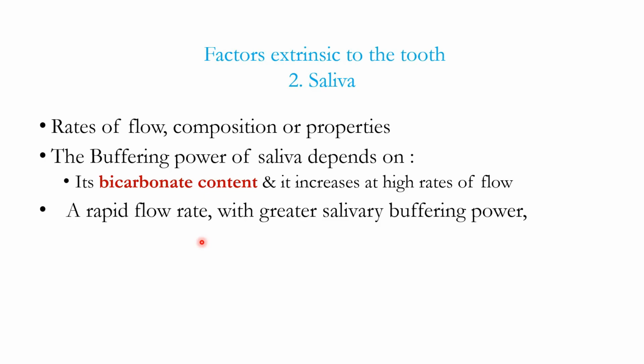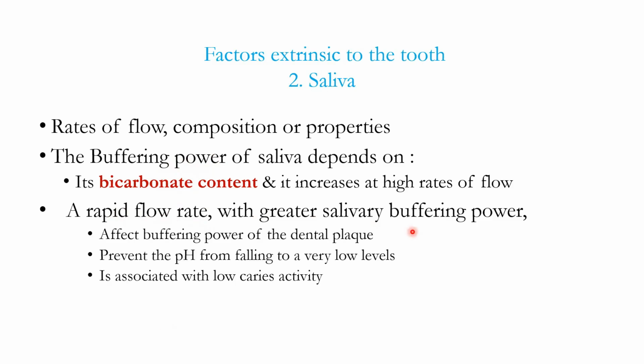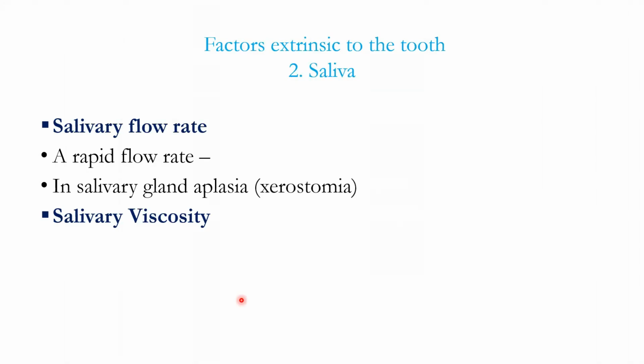So the buffers which I talked about were the bicarbonate buffers, which are an important buffer of the saliva. And like I said, a rapid flow rate with greater salivary buffering power is associated with low caries activity, is the gist of it.